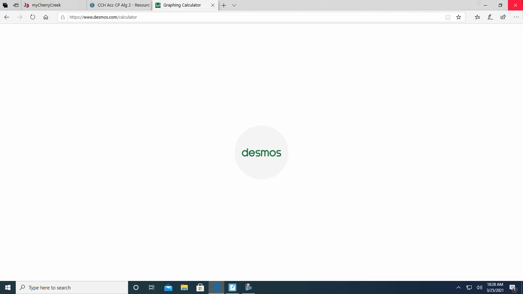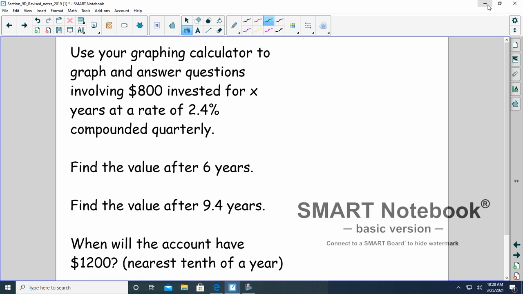Start graphing. I have to go back to this and look. All right, so I'm going to write this down. We have 800, 0.024. So we want quarterly after 6 years, 9.4 years, and then when will it have 1,200 in it?